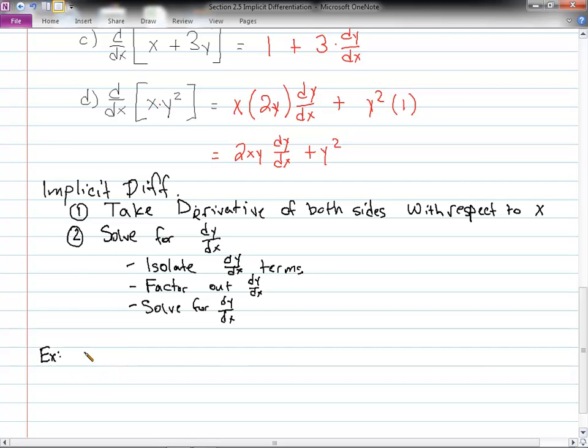So let's look at an example. Let's find dy dx for y cubed plus y squared minus 5y minus x squared equals negative 4.